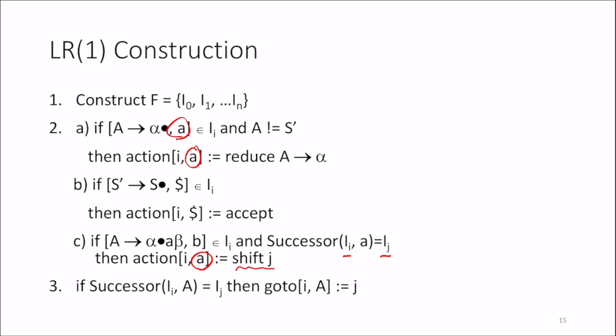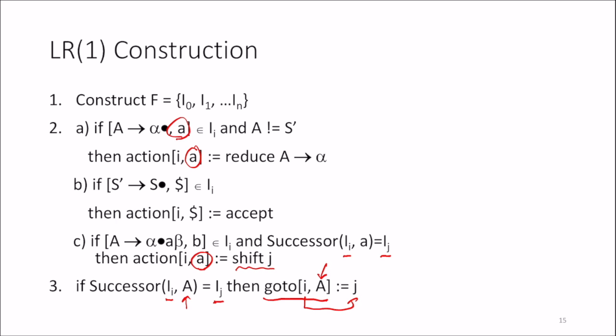If the successor is on a non-terminal, then we put in the go-to table that if I have a I and successor on this non-terminal A goes to item set J, then I put in the go-to table from I to J, based on this non-terminal A.